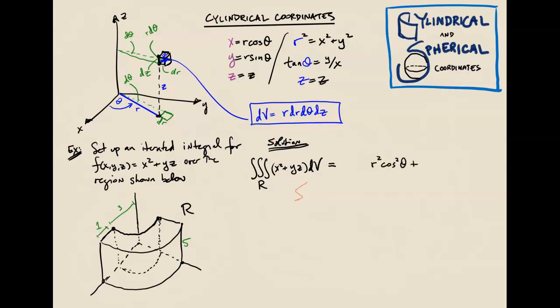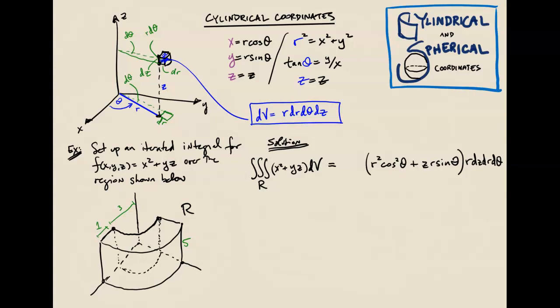Similarly, yz, well, we know that y is r sine theta, and z just sits there because z is z in both coordinate systems. So yz becomes r sine theta times z. Now I have to translate my dV over, and the only thing to remember there is to attach that r. We get r, and then I like to do z first, so I'll say dz dr d theta.